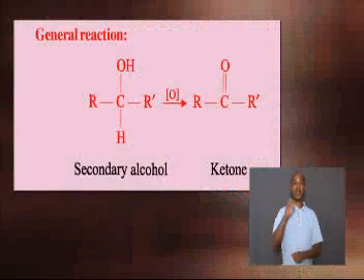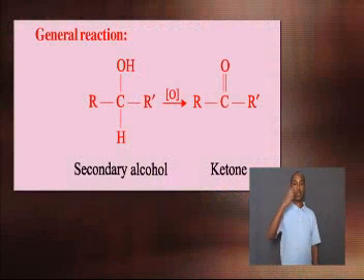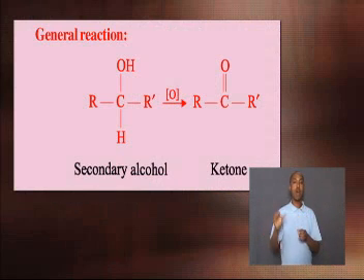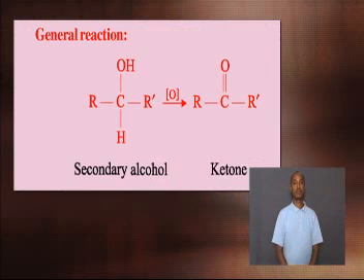Secondary alcohols can also undergo oxidation reactions. When they are reacted this way, the product is a ketone. The general oxidation reaction formula for alcohols appears as you see it here. Notice that the structure of ketones is slightly different than aldehydes.